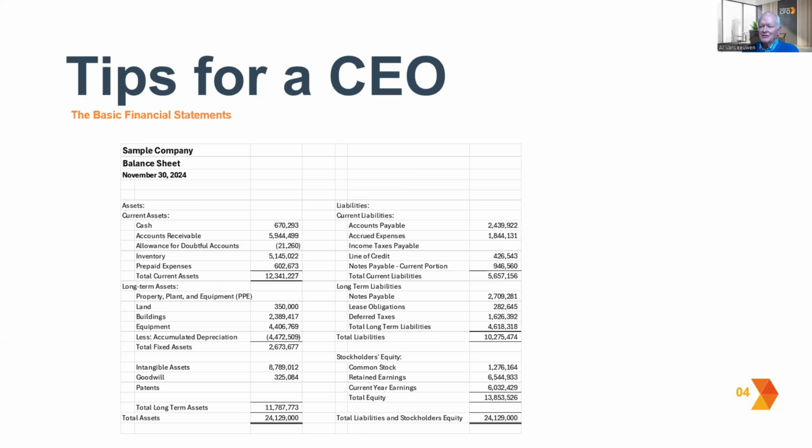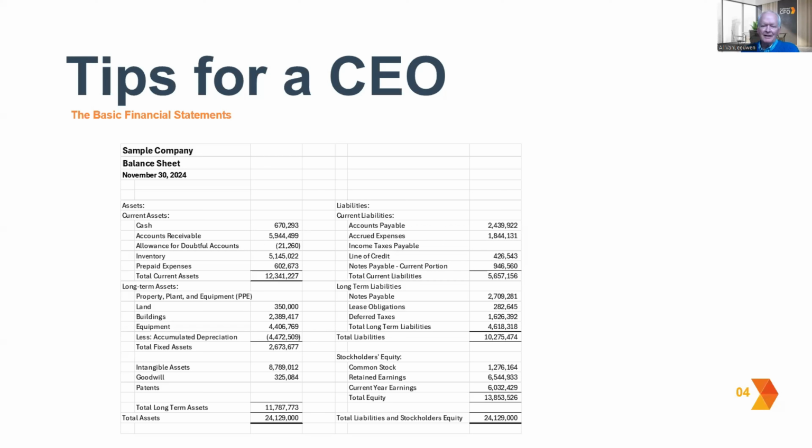That means this equipment is probably old, it's fully depreciated, and it might need to be replaced. On the other hand, if accumulated depreciation was only $400,000, I would think that, oh, I have new equipment here. This valuation of the property, plant, and equipment is based on cost, what you paid for it. It's not supposed to be what it's valued now.